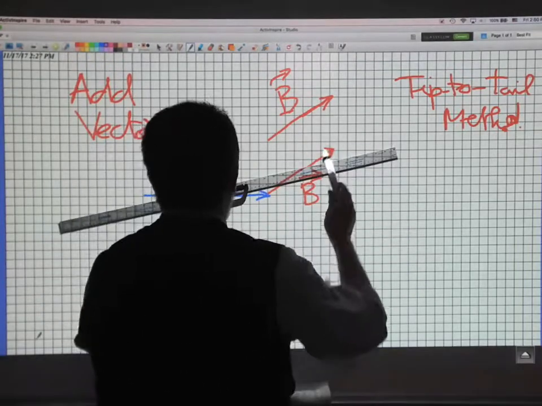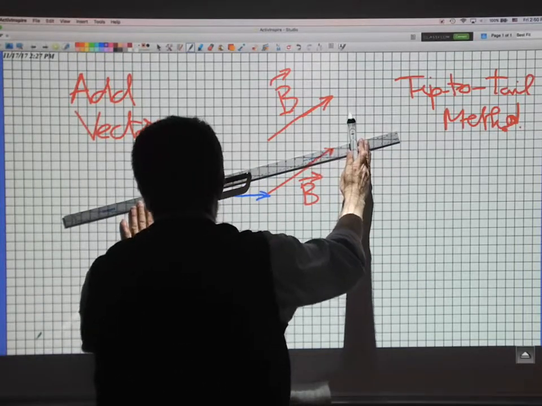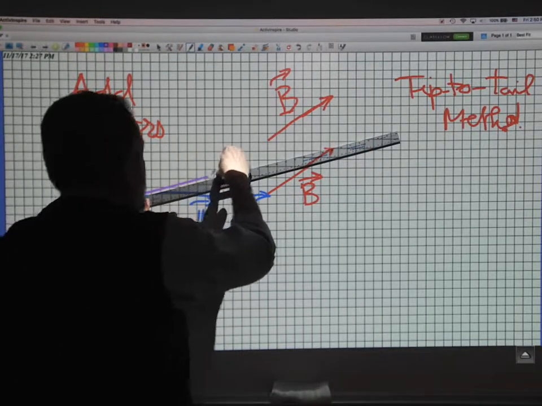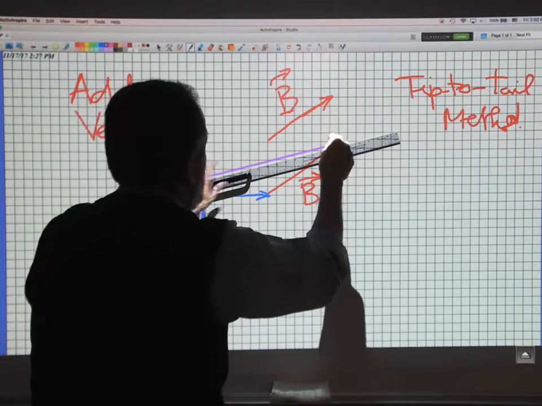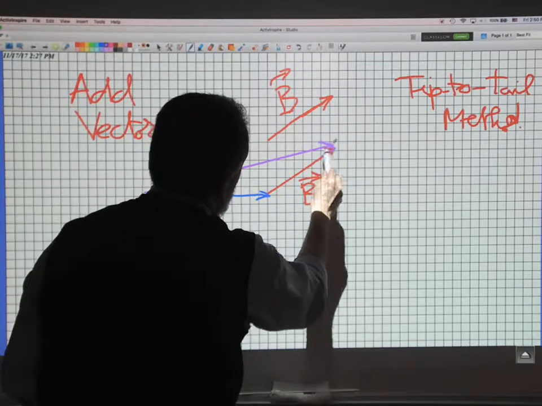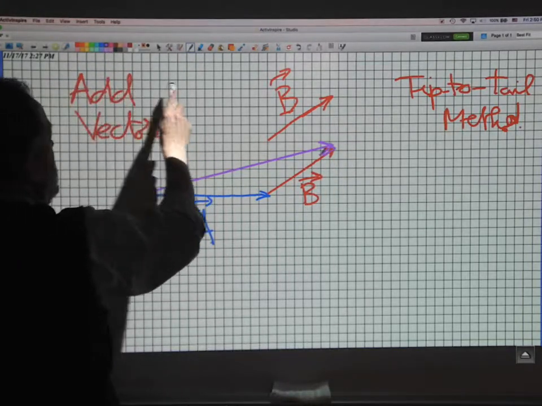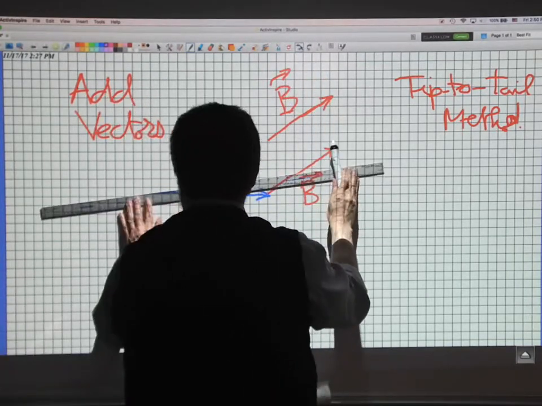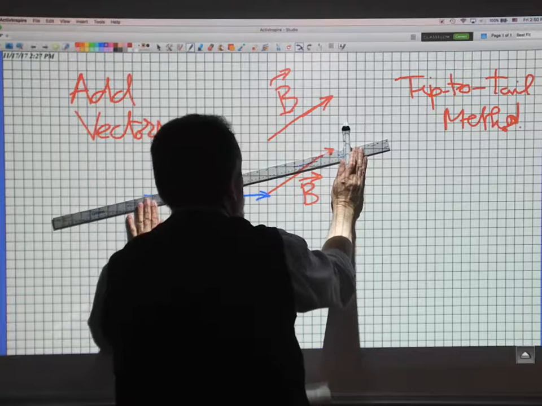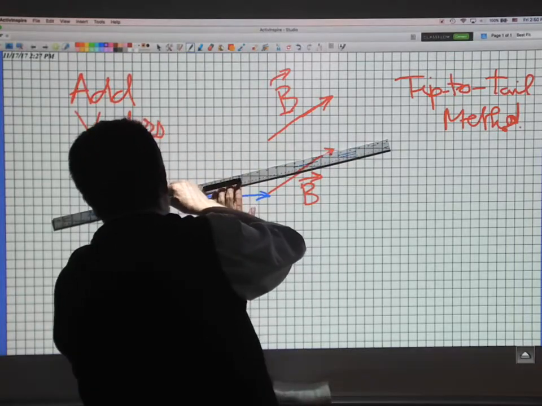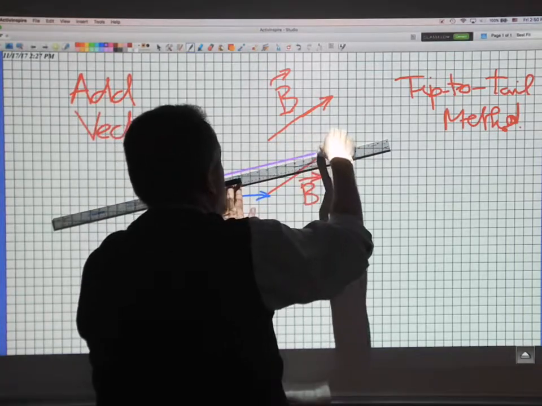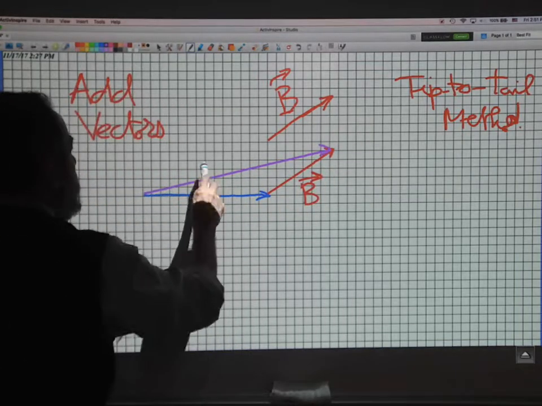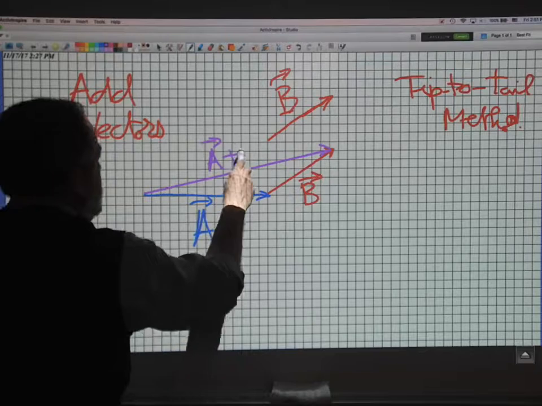What you do then is you go from the beginning of your first vector to the end of your second vector, and I missed the mark a little bit here. So again, one more time, you go from the beginning of the first one to the end of the last one, because these are successive. So this vector here is representing my A plus B.